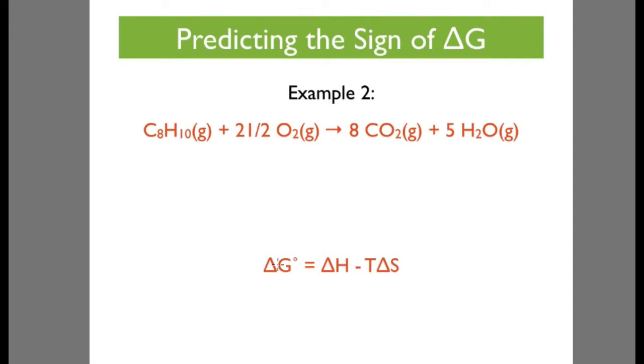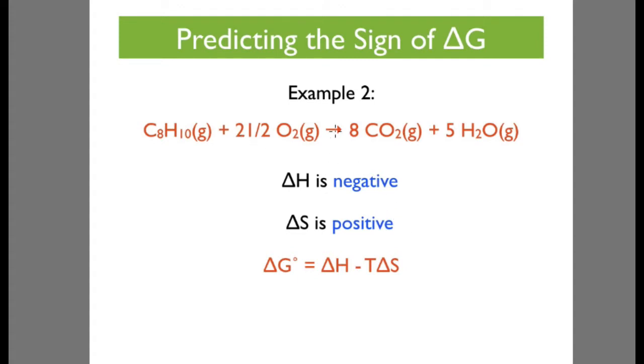Example 2. You've got the combustion of octane, and delta H is negative, so the enthalpy change is negative, and the entropy change is positive. We've got 21 over 2, so you've got like 10.5, 11.5 going to 13, so you're getting an increase in entropy definitely.